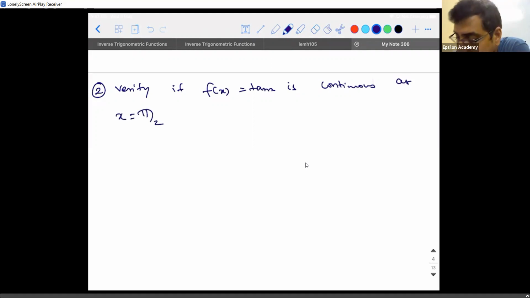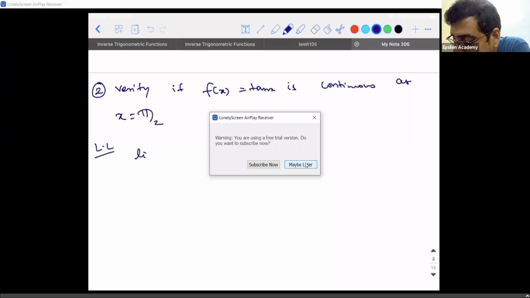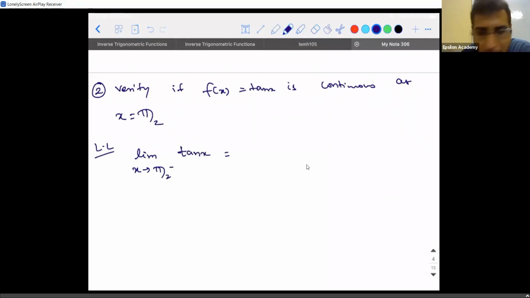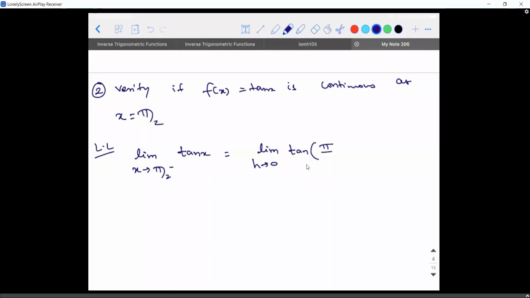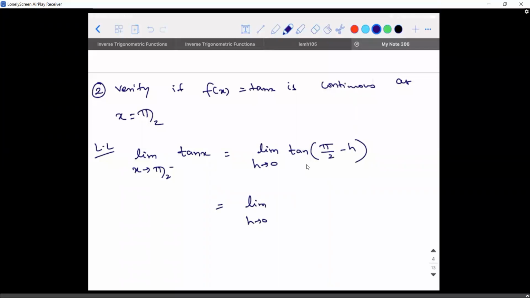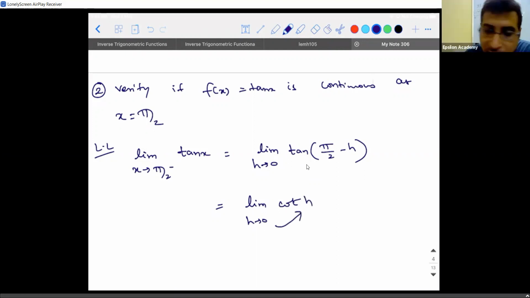Left limit: limit x tends to pi by 2 minus of tan x. I'm directly writing tan x. Next step, limit h tends to 0, tan of pi by 2 minus h. What is the complementary of tan? Cot h. Now substitute 0. What is cot 0? It's infinity.